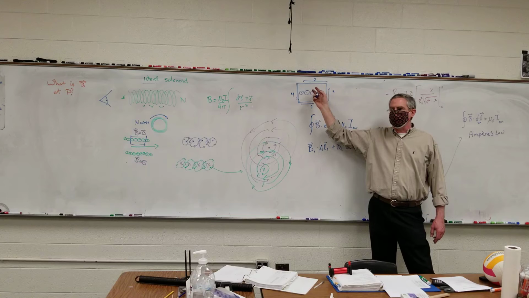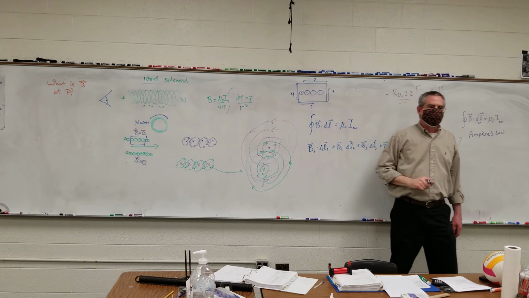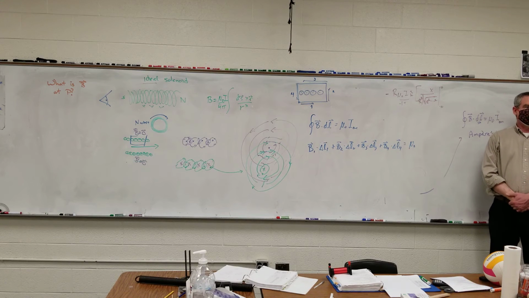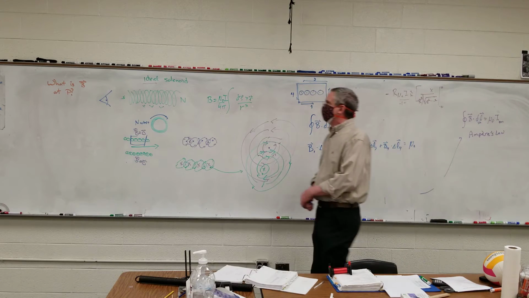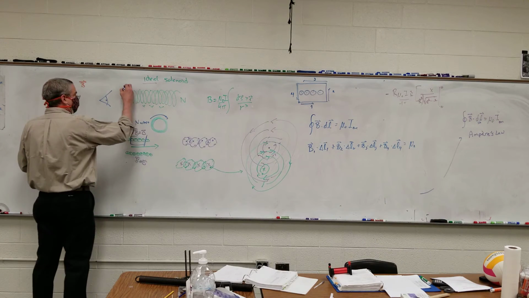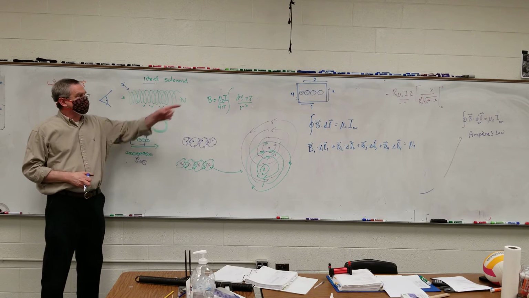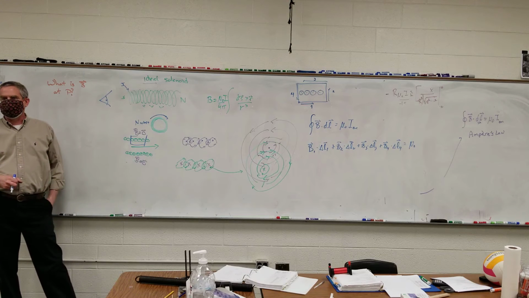Well, what is my current flowing through here? Looking for letters, not looking for a number. So if I have some current I flowing through my wires here, what would be the current flowing enclosed by that loop?